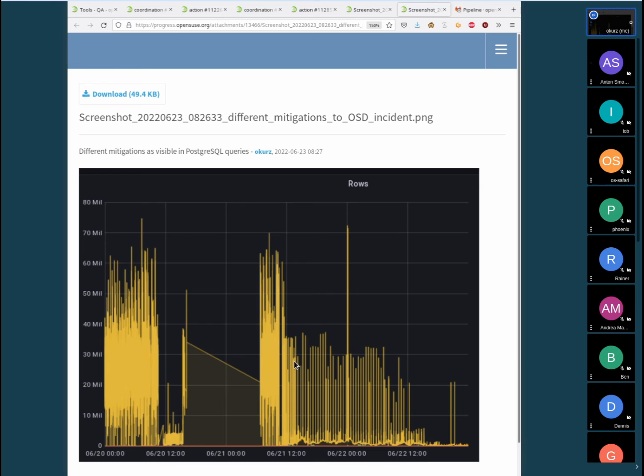The limit was pure CPU power. And why was that? Because PostgreSQL was using bad queries. And they are not 1,000 times worse, maybe 10 times worse, something like that.